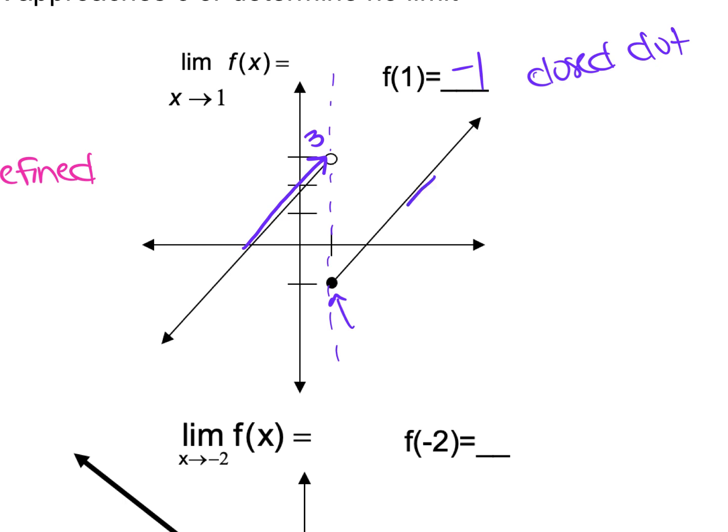If I traced in towards 1 coming from the right side, what y value would you say that's getting close to? -1. If the two pieces are coming towards different numbers, is it possible to make a prediction about what exactly is happening at 1? Those are different numbers, right? So how could I say whether the answer is 3 or -1? It makes a big jump there. So there's no real way to make a good prediction about it.